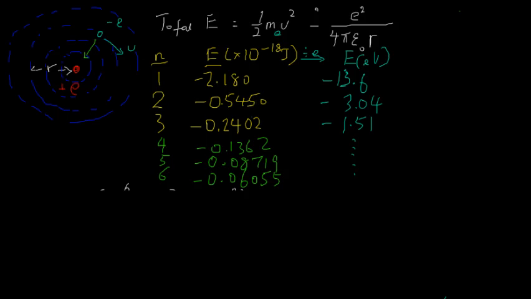I'll call this E1 because n is 1. I'll call this E2. I'll call this E3 and so on. So the lowest orbit energy is therefore E1, and the next one up is E2, next one up is E3.